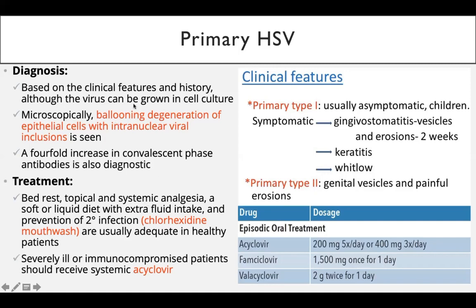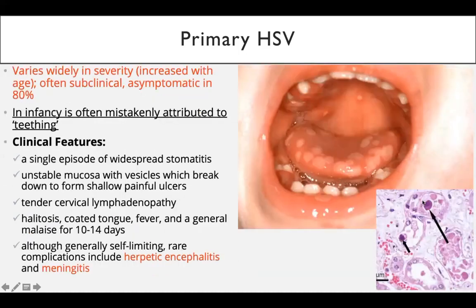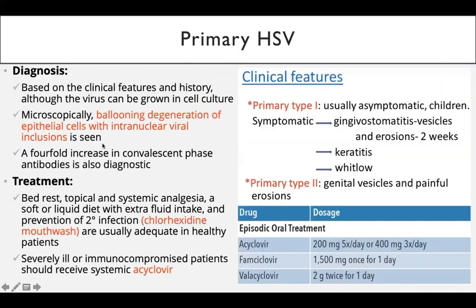So the diagnosis was microscopically ballooning degeneration of epithelial cells with intranuclear viral inclusions, also known as intranuclear bodies, inclusion bodies, intranuclear viral bodies. And then for systemic analgesia and topical, we can give some lidocaine oral gel. And then to prevent secondary infection, we used to give chlorhexidine mouthwash.